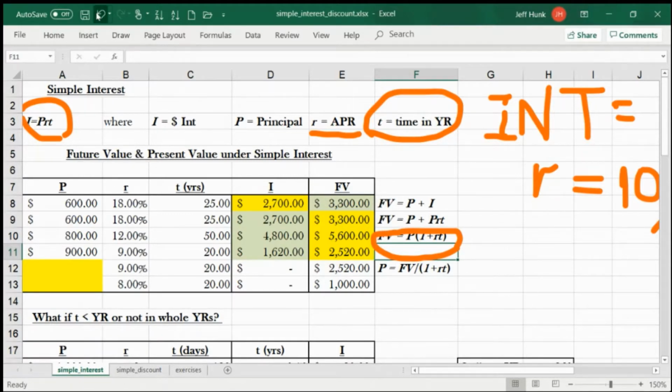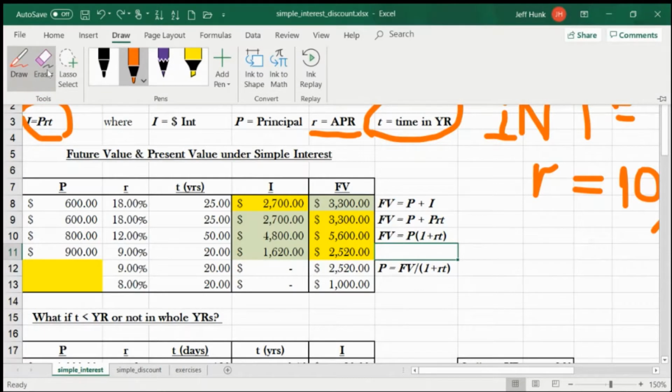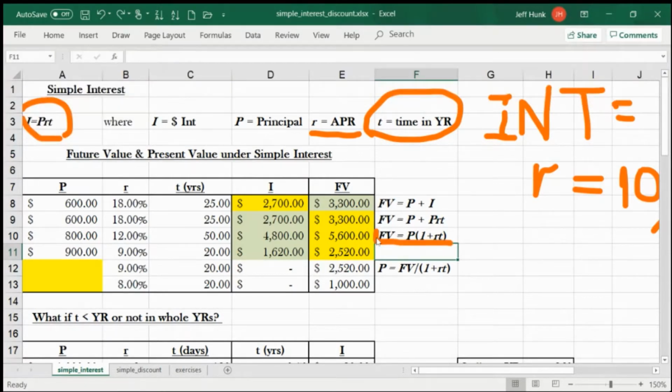If you find interest first, then you can find future value, because the definition of future value is principal plus interest. You get the future value by adding these two.